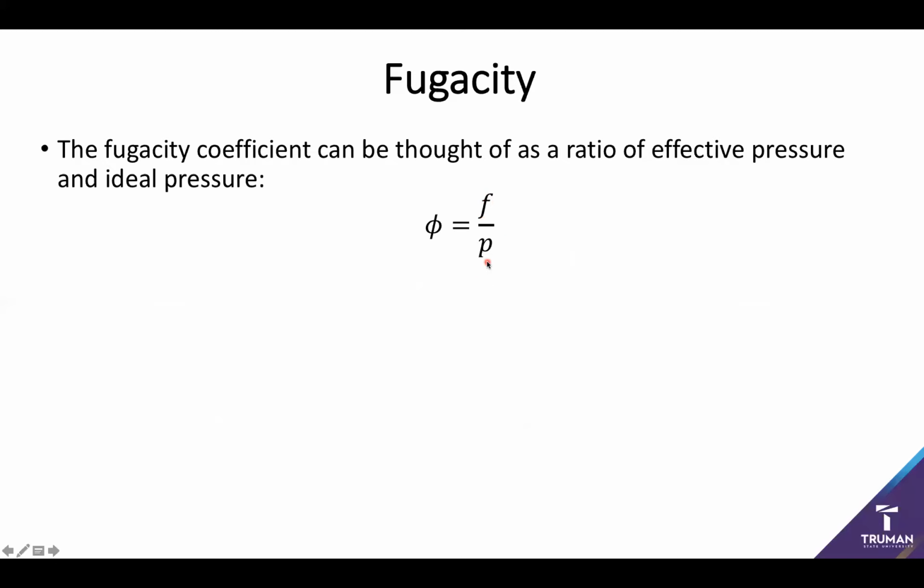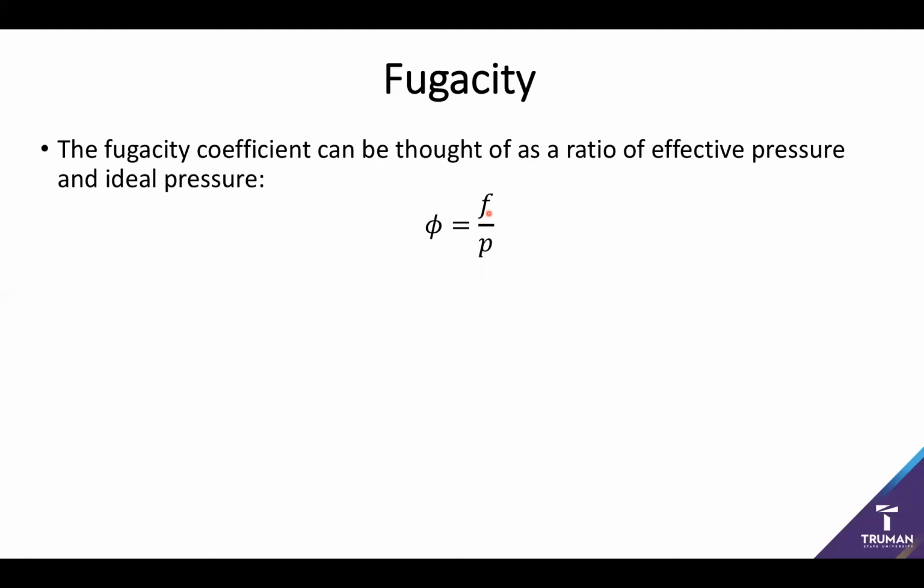So if a gas, say, has a lot of attractive IMFs, well, it's going to be spending less of its time exerting pressure and interacting with the external system. And so it would have a fugacity coefficient that would tend to be less than 1, as it's going to act like it has a pressure less than it actually does.